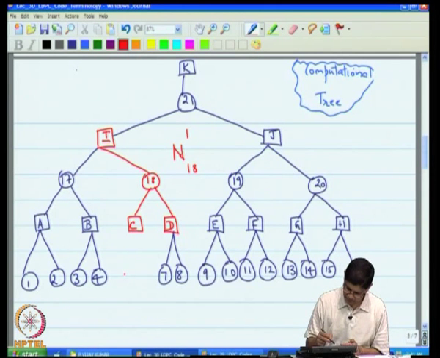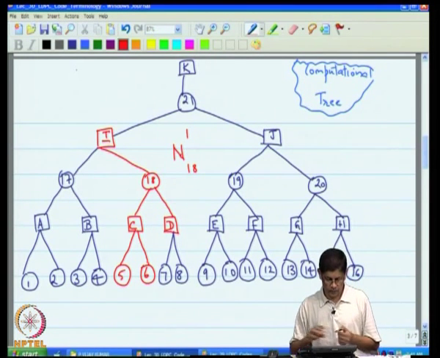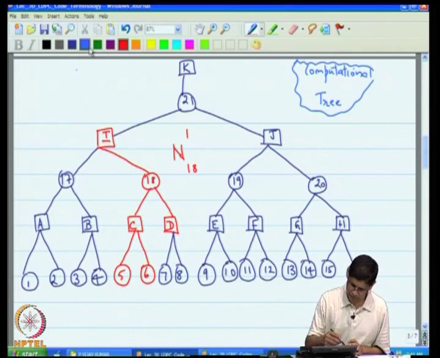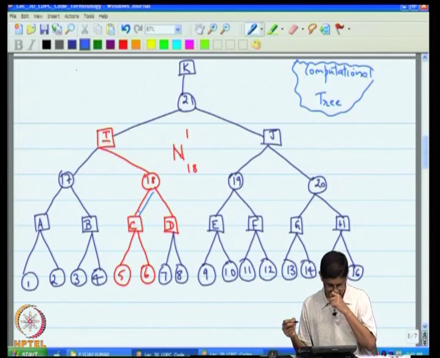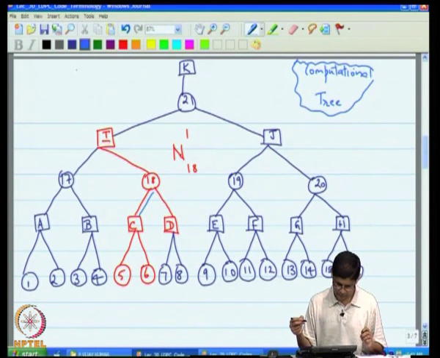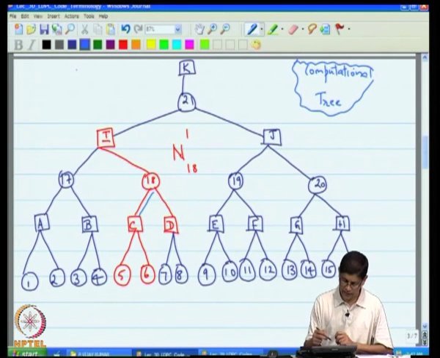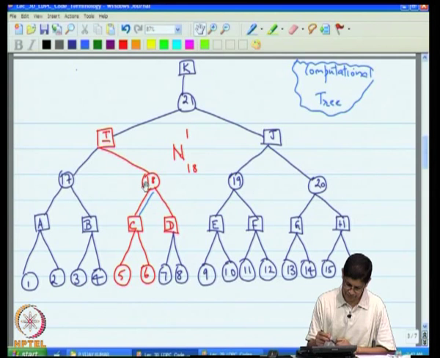So, if you are talking about the edge from 18 to C, then the one depth neighborhood of this edge is the union of the one depth neighborhood of this and the one depth neighborhood of this.